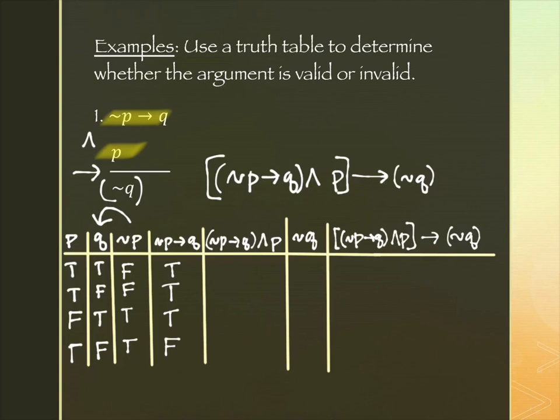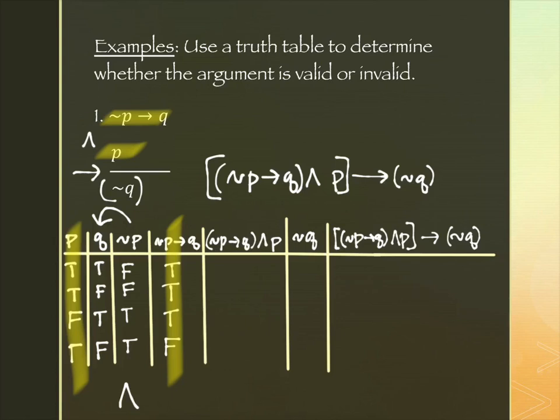Okay? My next column says I'm supposed to join the column I just created with the column P at the very beginning, and I'm joining them with an and statement. What is an and? When is an and statement true? When they're both true.